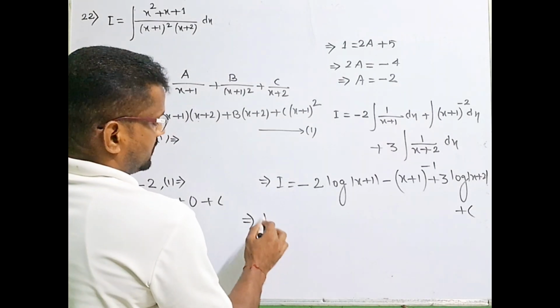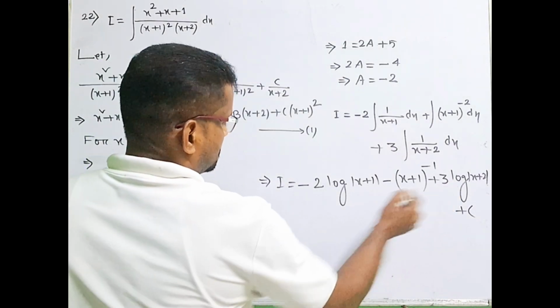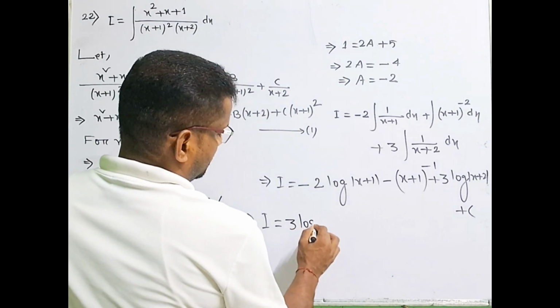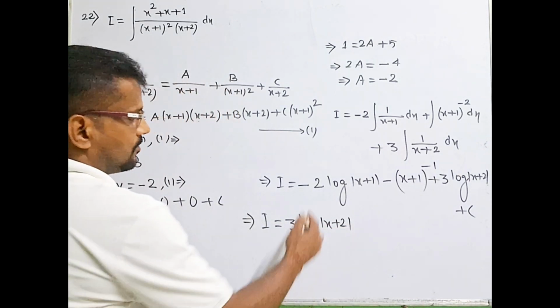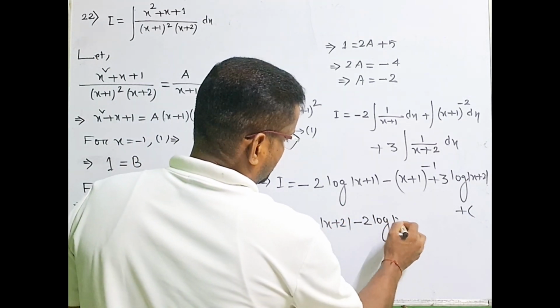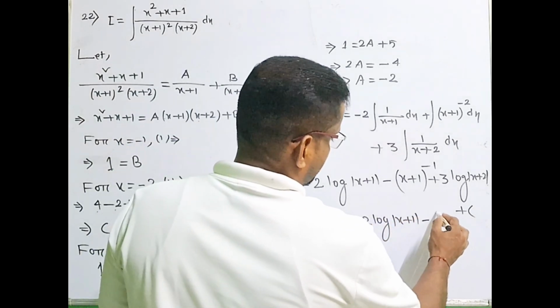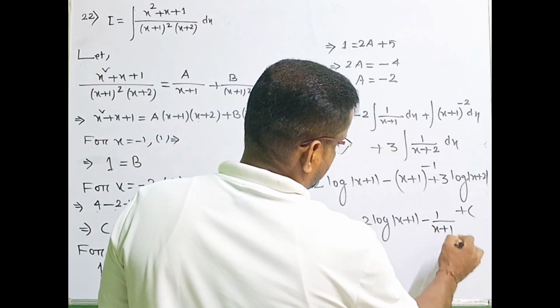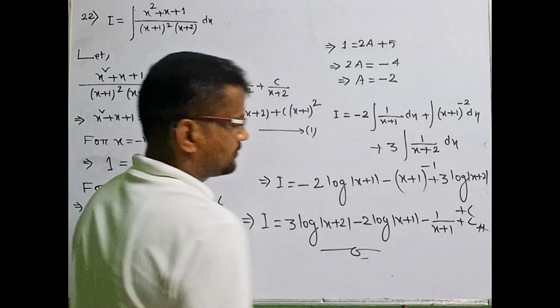Already you obtained the answer. I equals 3 log of modulus (x + 2) minus 2 log of modulus (x + 1), and this is minus 1 by (x + 1), plus constant of integration c. This is your answer.